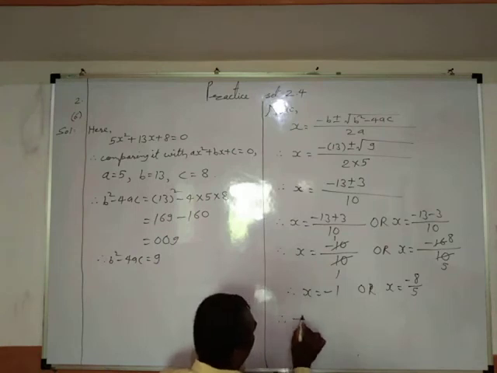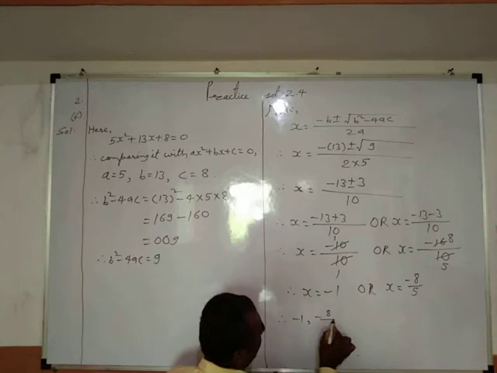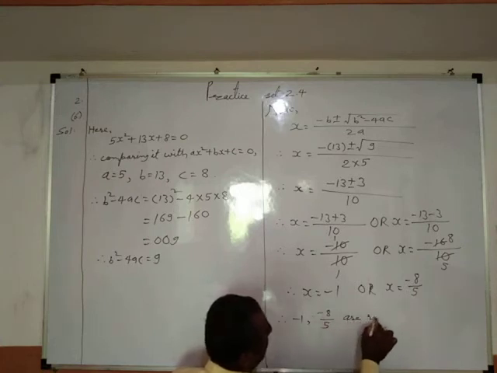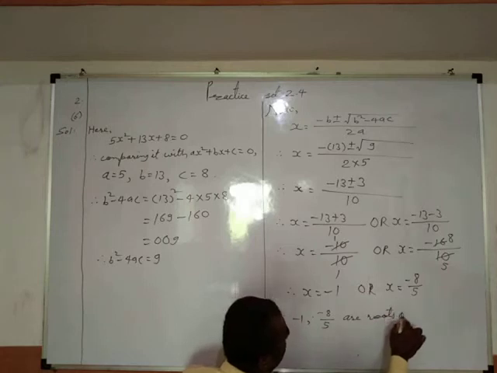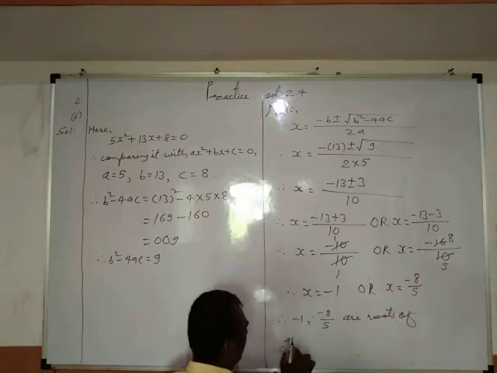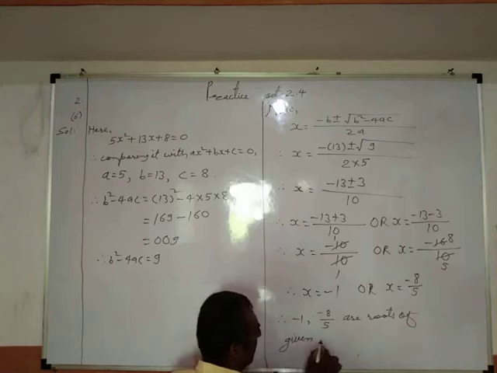Therefore minus 1, comma, minus 8 upon 5 are roots of given quadratic equation.